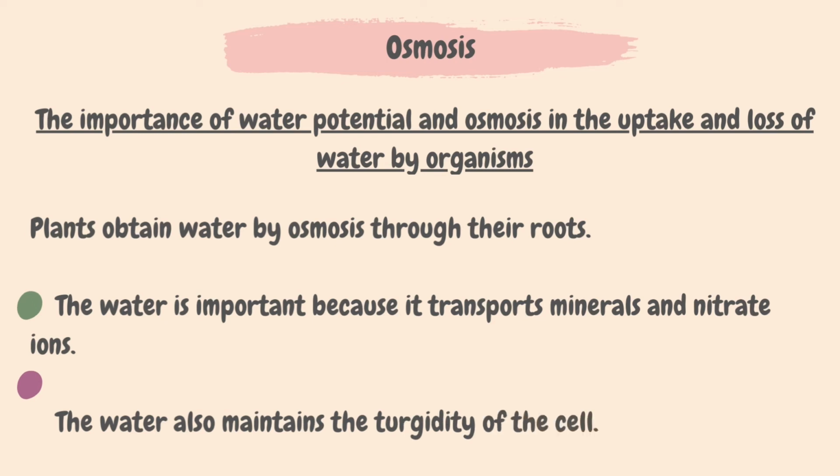The water is important because it transports minerals and nitrate ions. The water also maintains the turgidity of the cell. This provides support and strength for the plant. If the plants lose more water than what they gain, their cells will become flaccid and the plant will wilt.